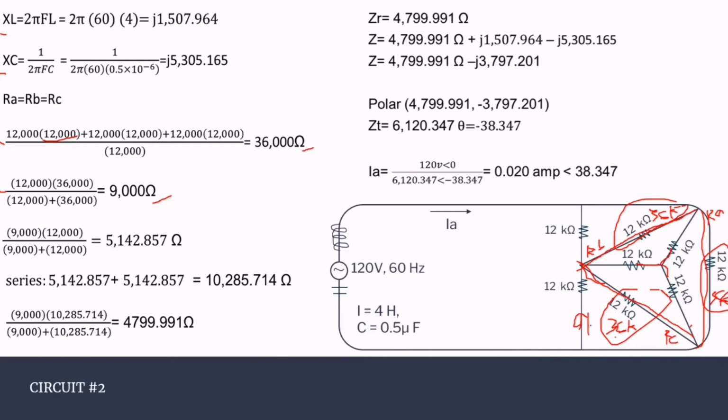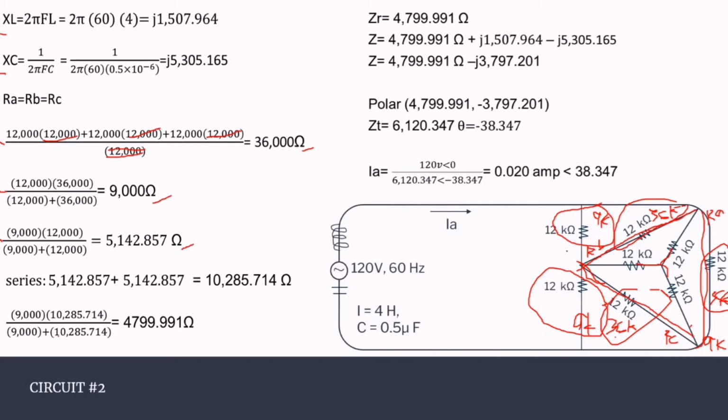9K, 9K, and 9K. Since 9K is also parallel to 12K, we're going to compute 9K times 12K over 9K plus 12K is equal to 5,142.857 ohms.